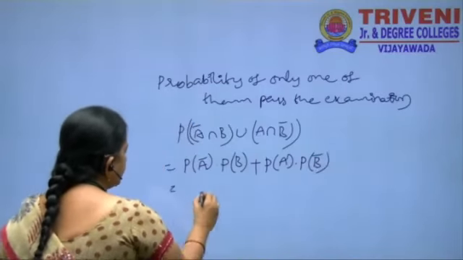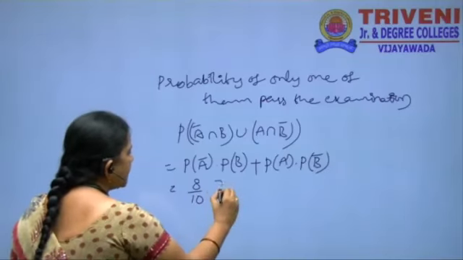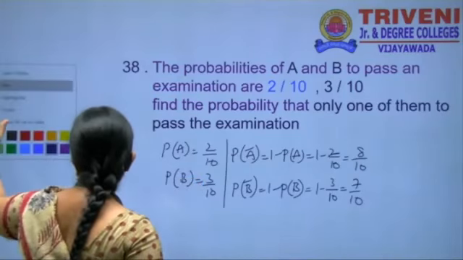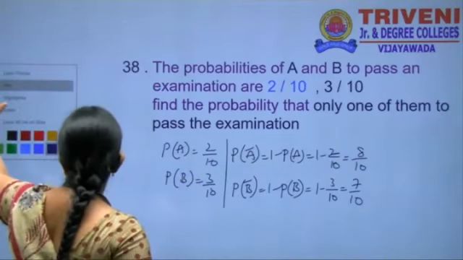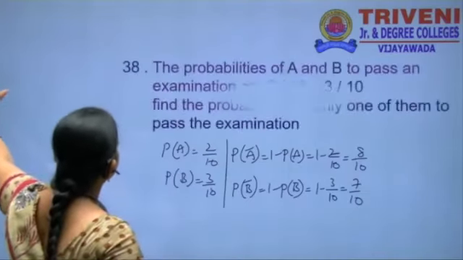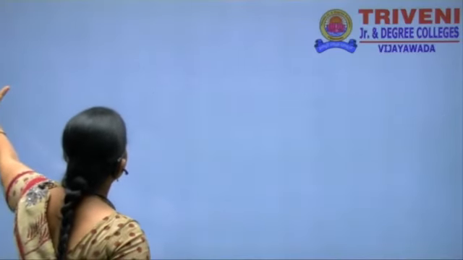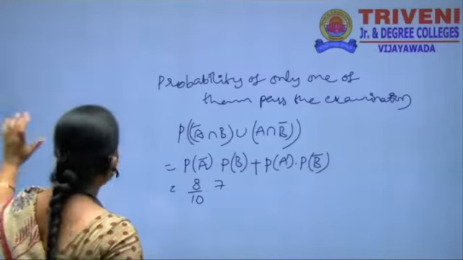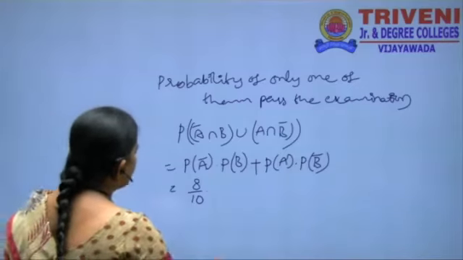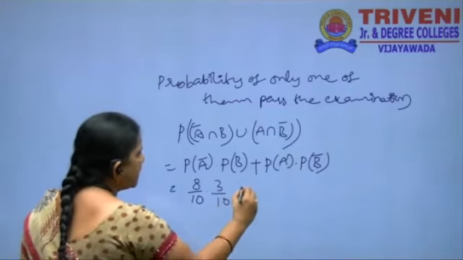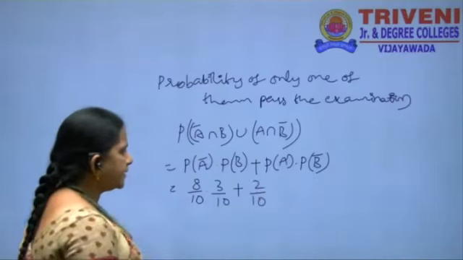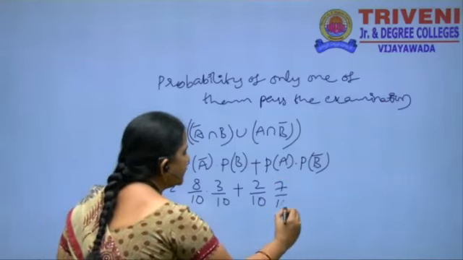P of A bar is 8 by 10, P of B is 3 by 10, P of A is 2 by 10, and P of B bar is 7 by 10.